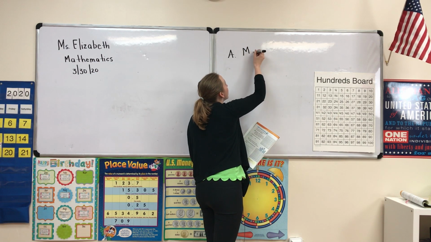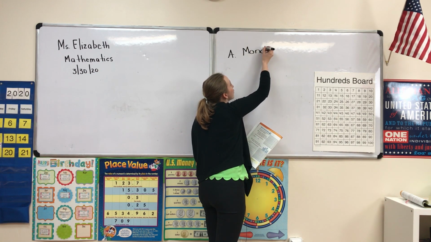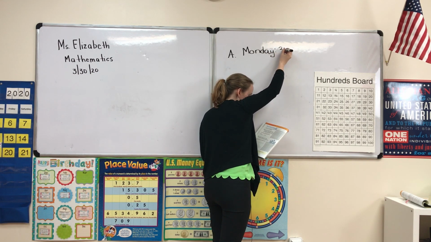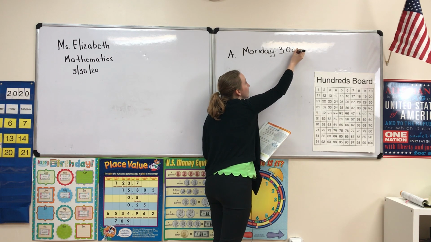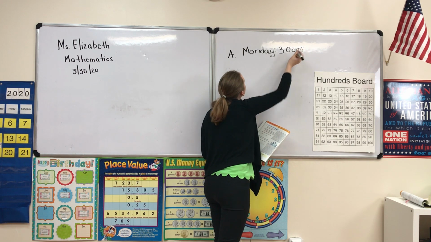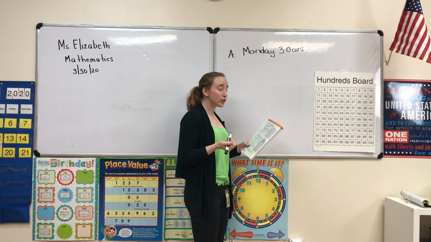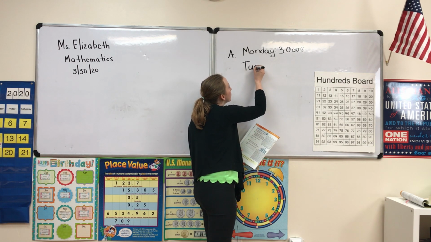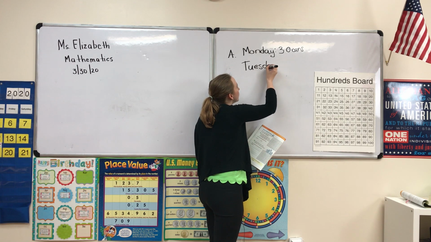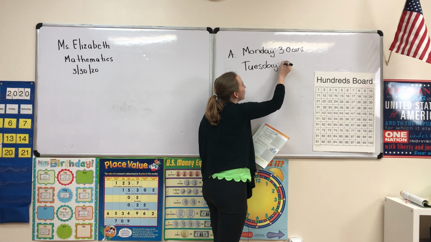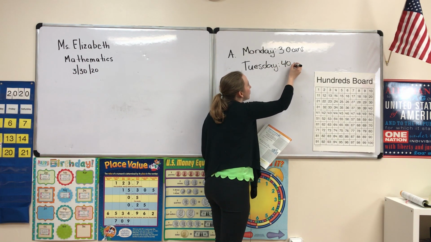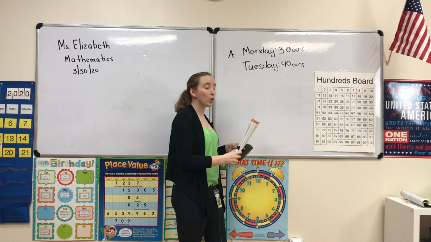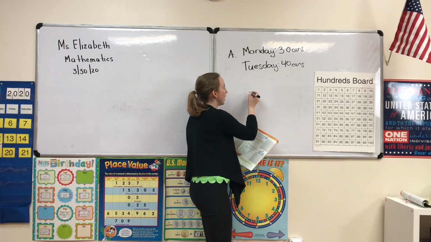So you can underline that if it helps you keep track of the information. Monday, they collect 30 cans. On Tuesday, they collect 40. Now we need to figure out the total amount of cans they collect.